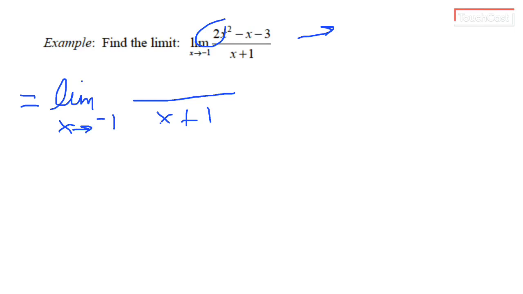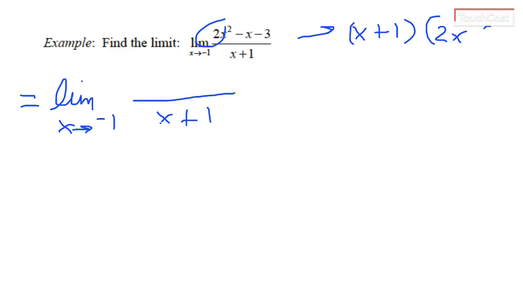Spoiler alert, if this is going to work at all, I'm going to have a factor of x plus 1, so that I'm going to cancel with the denominator. So when I factor by guess and check, which is not the only way to factor, but it's the way I'm going to try here, because I already have this sort of a premonition that x plus 1 is going to be a factor. If x plus 1 is a factor, then this must be 2x.